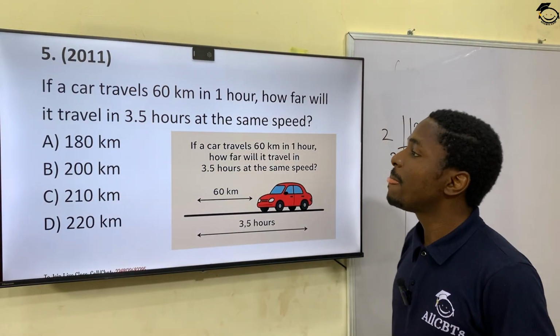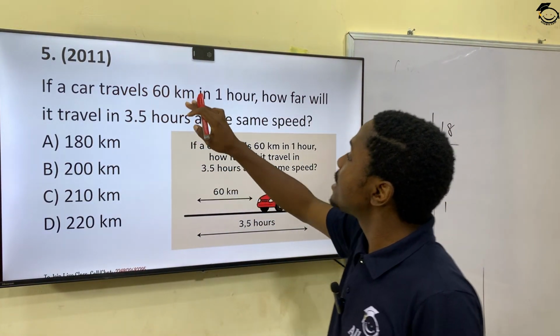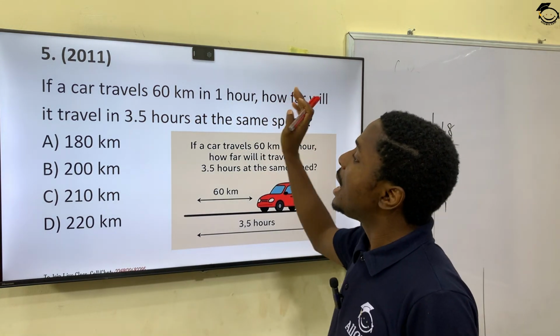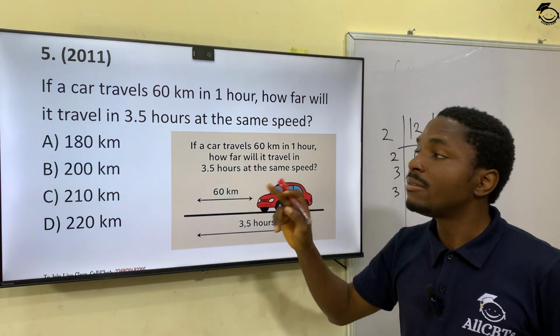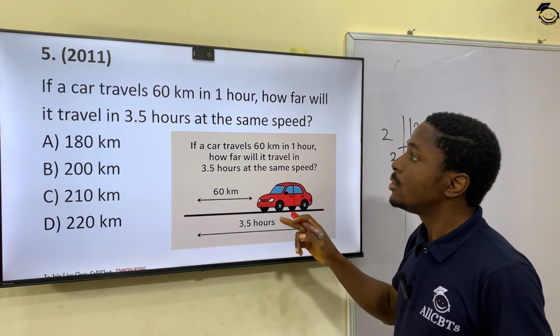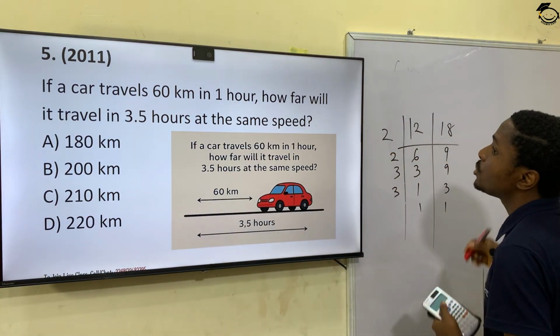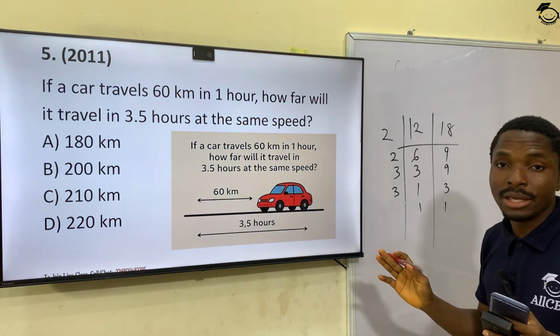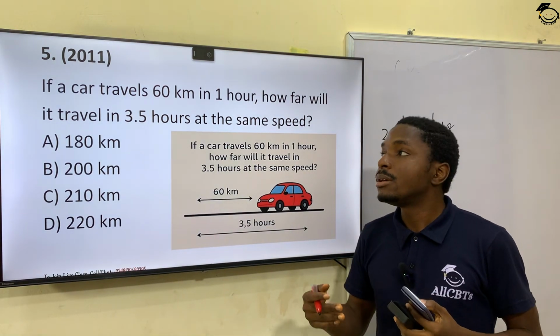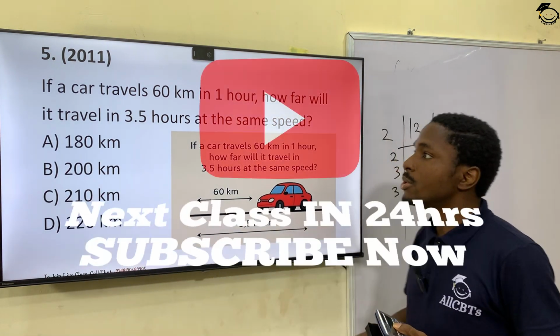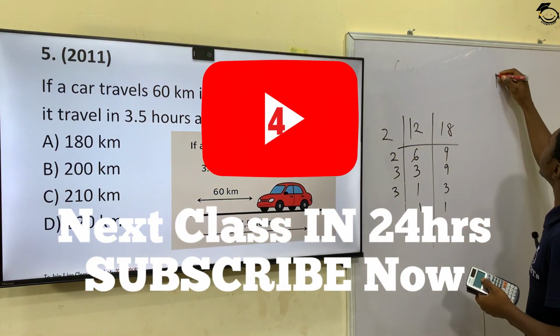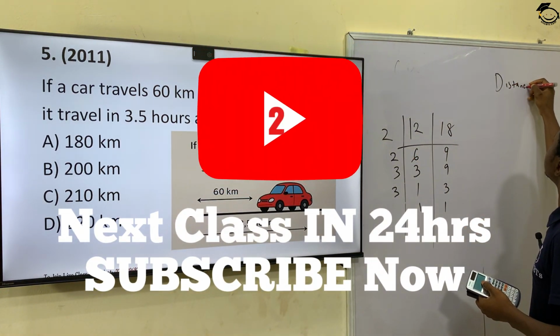Question 5. It says, if a car travels 60 km in 1 hour, how far will it travel in 3.5 hours at the same speed? So what are the parameters we have there? Parameters are like notable points in the questions. So the car is traveling, the distance is what? 60 km.